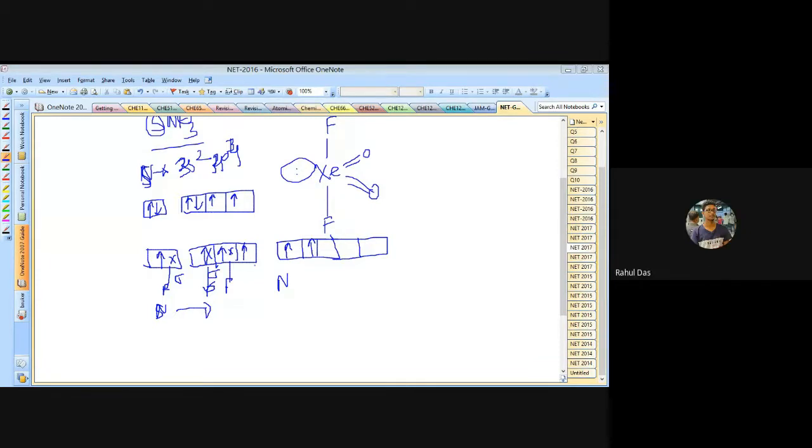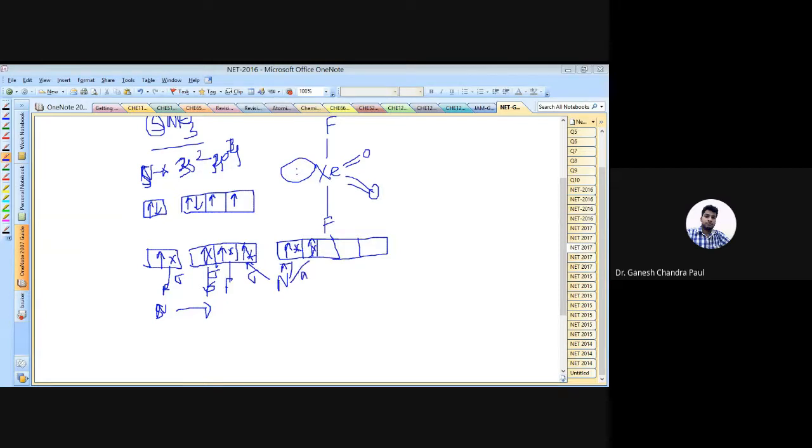In general, you can see that 3s2 3p3. That 3p electron, if it donates here, it will form one sigma bond and another pi bond, like this, 2 pi bond.